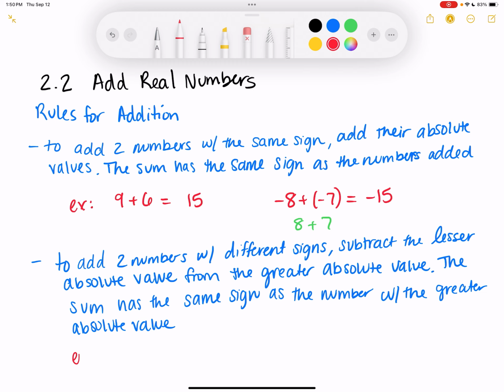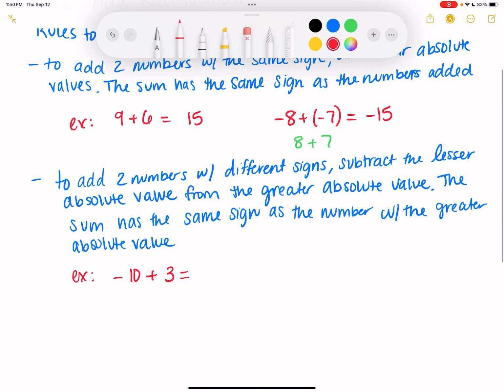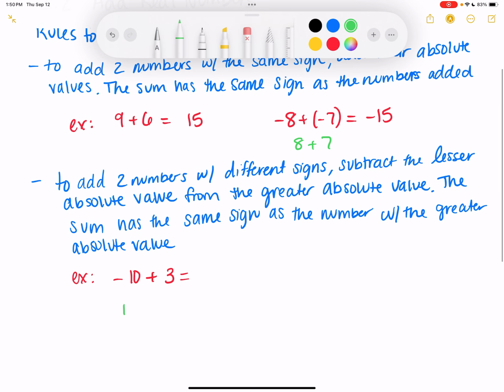So examples with this one, if I have -10 plus 3, then what I do is I think about this as 10 minus 3, which is 7. And then I choose the sign of the higher number, so this would end up being -7.